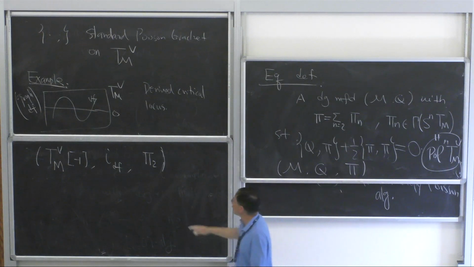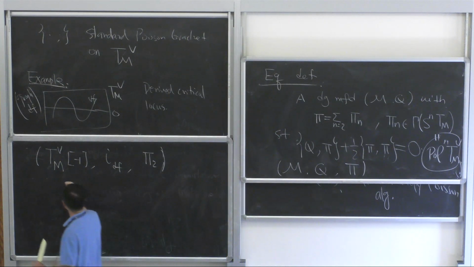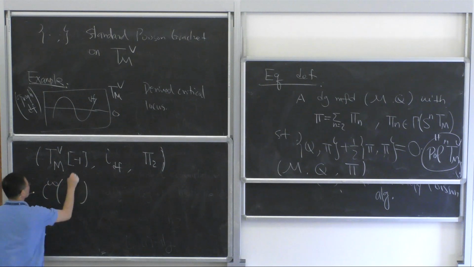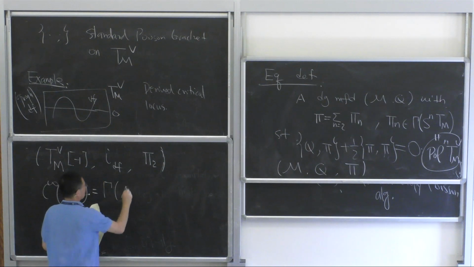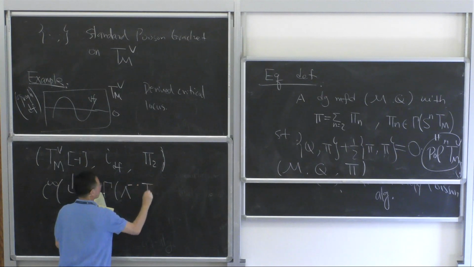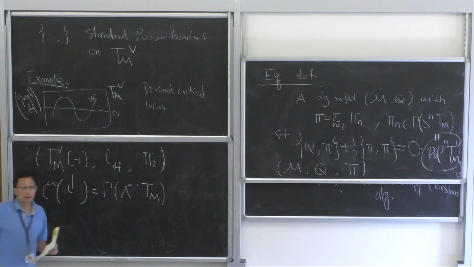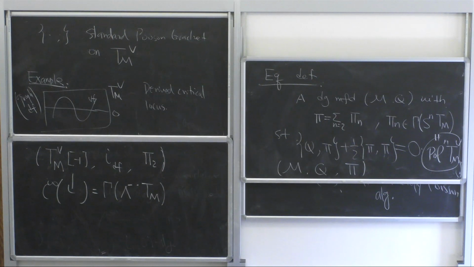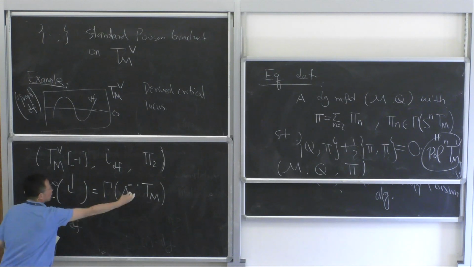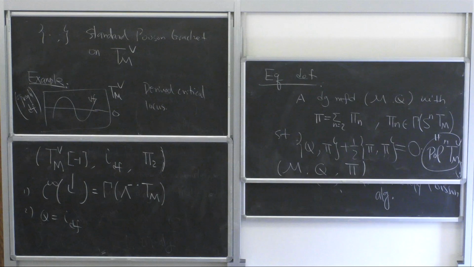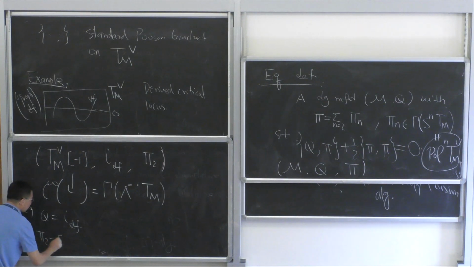Here the functions are polyvector fields. We shift the sign. Q is just contraction, and because I reverse the degree, this is a degree +1 operator. And pi 2 is just the standard Poisson bracket.